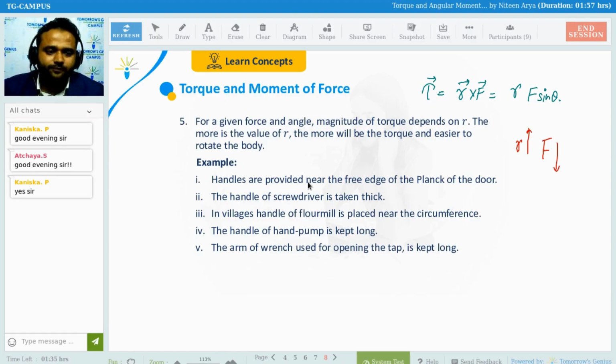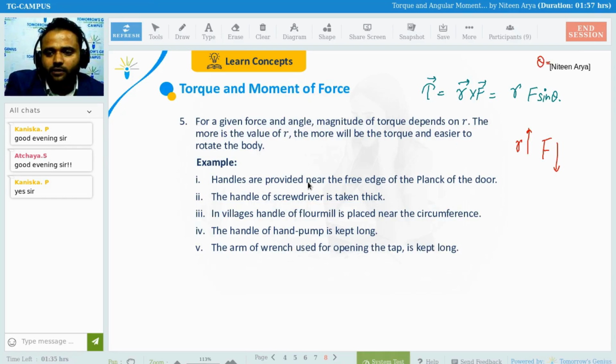As you can learn from here, if the torque is 20 newton meter and r is 10, we need to apply only 2 newton of force. But if I do the reverse, meaning r shrinks to about 4, we need to apply at least 5 newton of force, because 5 into 4 is 20. Is this clear? That is why the handle of a door is placed far from the hinge, so it can make a perpendicular angle completely.